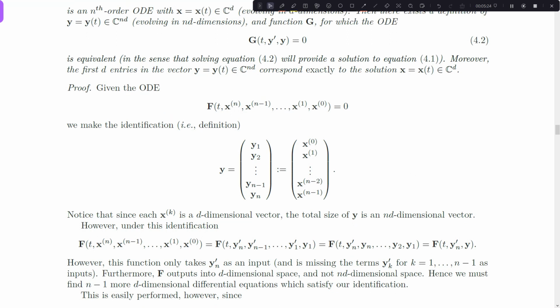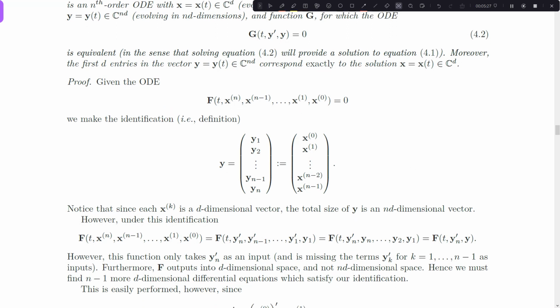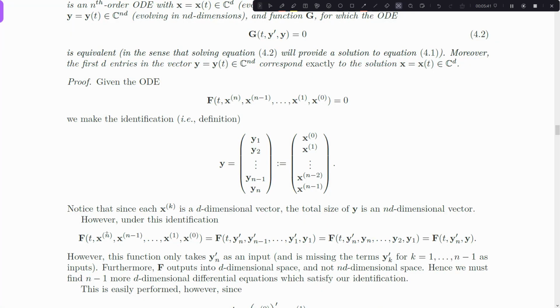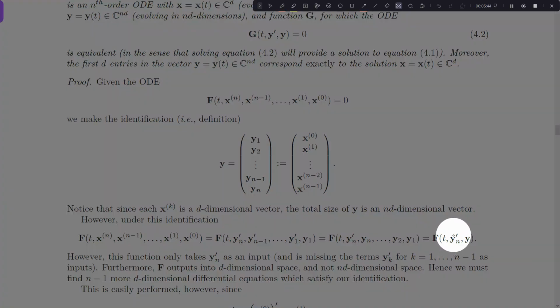So the first thing I want to recognize is that every single one of these entries in my capital F, that's y sub n prime, that's y sub n, then we'd have yn-1, and all the way down to y2 and y1. So we have yn prime right there, and then we have the rest of the entries of y, and they're all encapsulated into just y by itself.